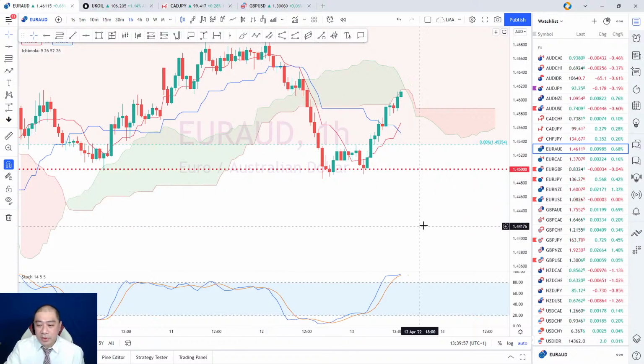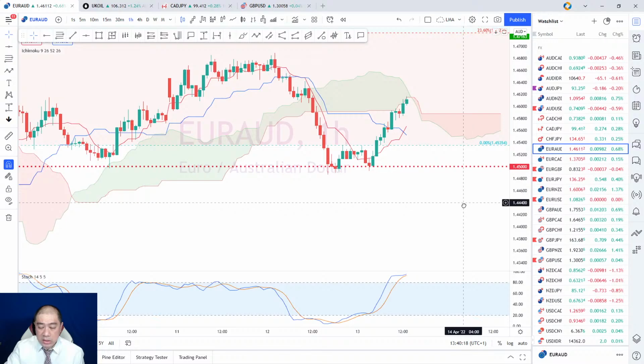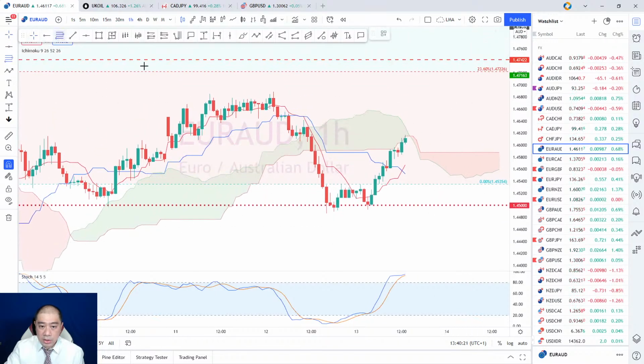All right, be a little bit more cautious with gold, guys. Euro AUD, long position 1.459. Be a little bit more cautious with Euro AUD. This is actually below the Ichimoku cloud.